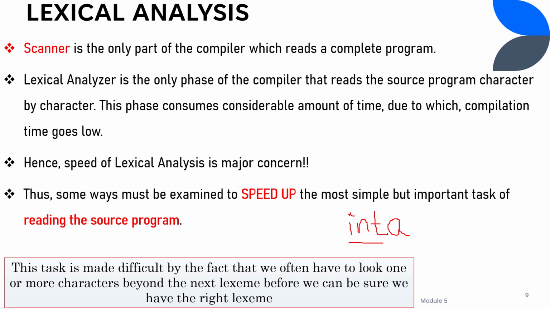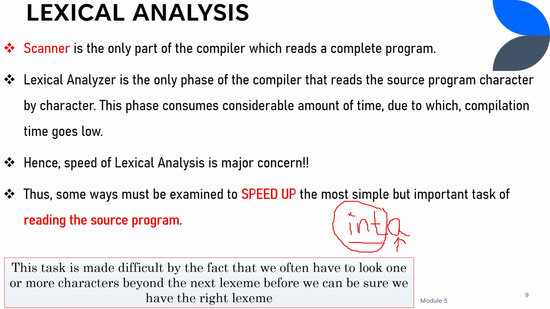But to categorize int into the category of keyword, I will have to look one more character ahead before deciding whether int is a lexeme. If this character a was not existing, then I will obviously group int into the category of keyword.